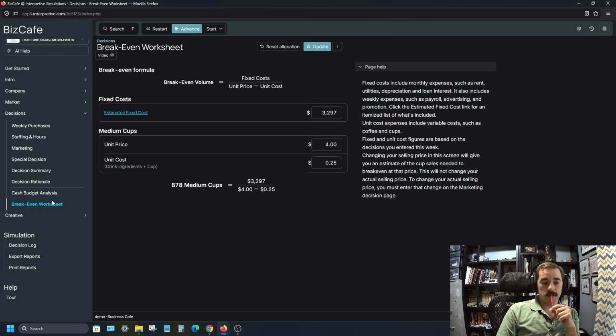Break even worksheet. Our estimated fixed costs are $32.97. Our unit price minus our unit cost.